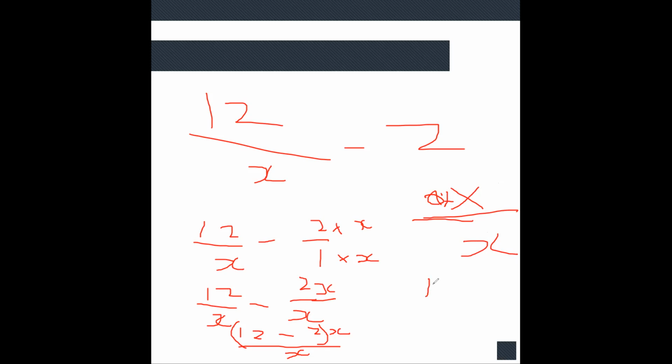If you have b plus a over x plus ax over x, you cannot cancel. If you have bx, then yes, you can cancel here. But you can only cancel here because bx plus ax is equal to x times b plus a.